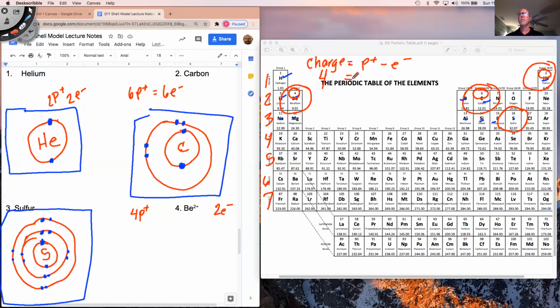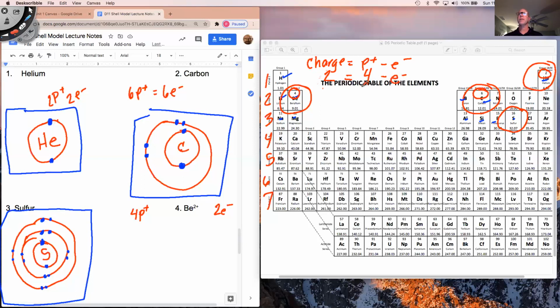That's going to equal, no, sorry, the charge is 2. Oh my gosh, you guys. It's 4 protons. So the charge is 2, plus 2. The number of protons is 4. And 4 minus what equals 2?